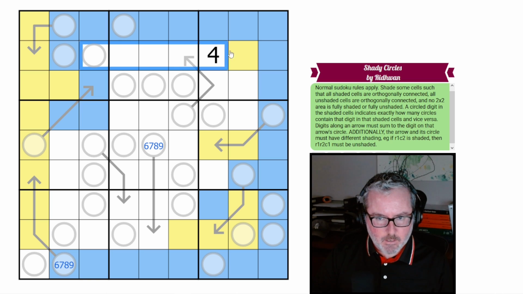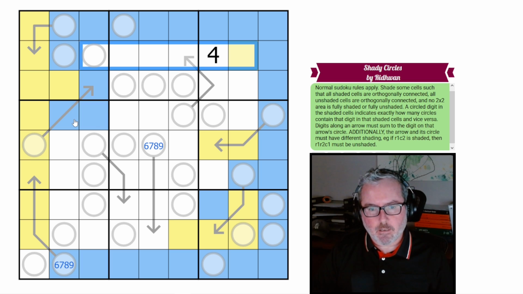This yellow's got to connect back in somehow. I think this is actually a problem. Because I don't think we can connect blue back to blue, at least these three, without cutting this yellow off.